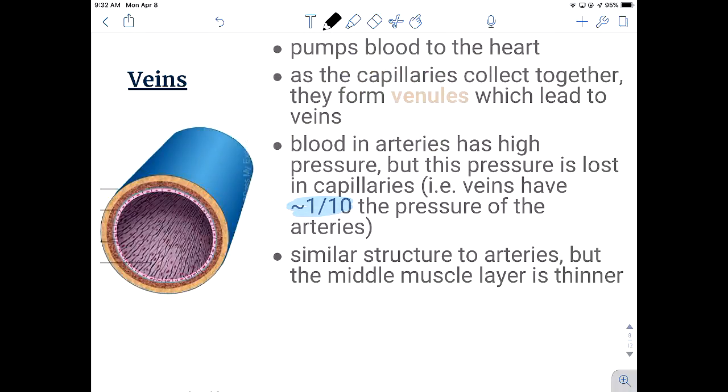They're similar structures as the arteries, but the middle muscle layer is thinner. Much lower blood pressure. Typically, if you're donating blood, they're going to use a vein to donate blood from. If they're going to inject you with something like a medicine, or give you an intravenous saline solution at the hospital, like the little baggie, that's also all going to go through the vein.